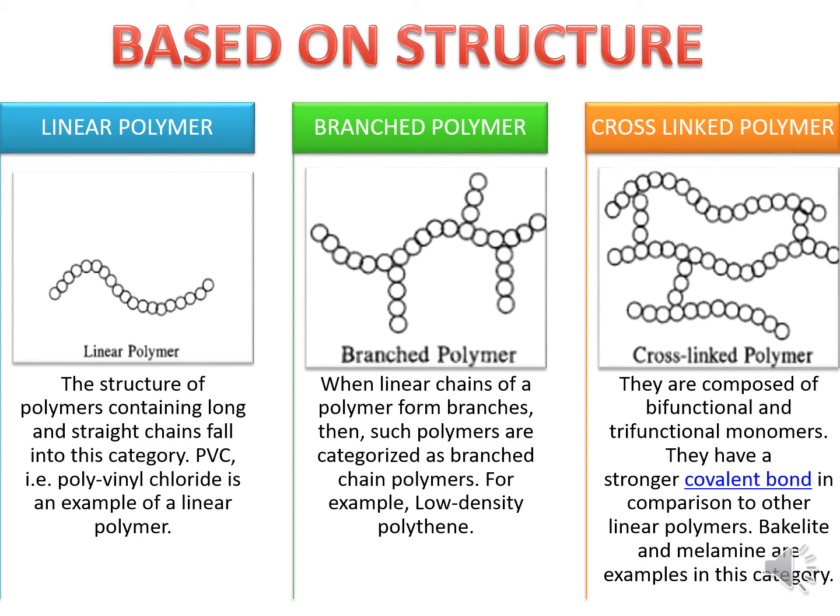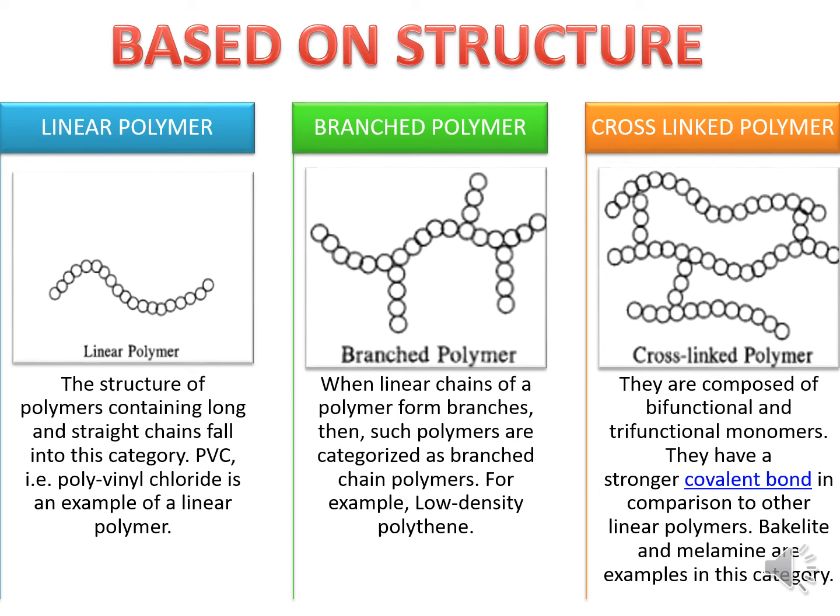Monomers join together to form a long straight chain with some branched chains of different lengths. As a result of these branches, the polymers are not closely packed together. They are of low density with low melting point. An example of branched polymer is low density polythene.